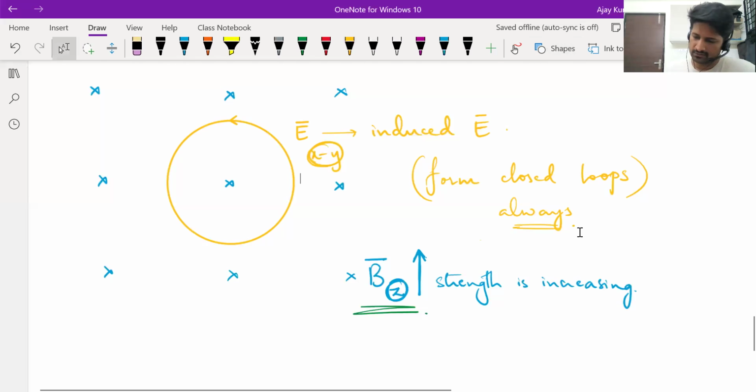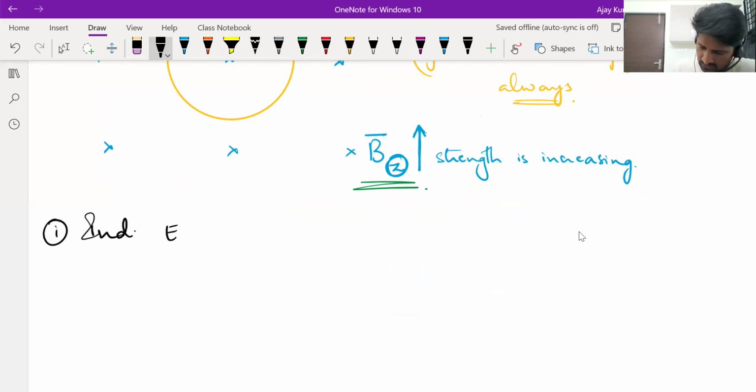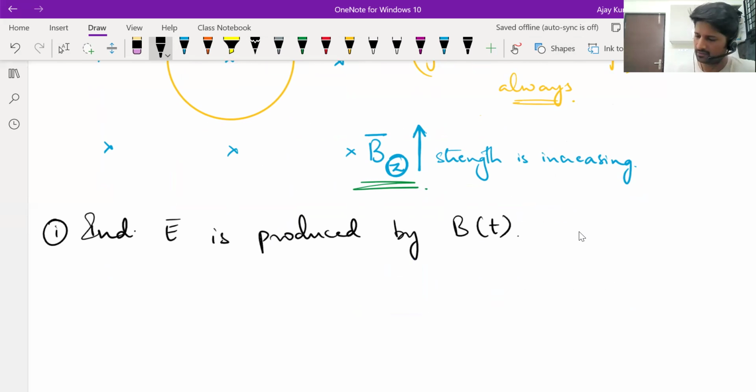Okay. So let me write the properties here. First, induced electric field is produced by time varying magnetic fields. So I'm writing it as B of t, magnetic field which changes with time. Next, induced electric field lines always form closed loops.